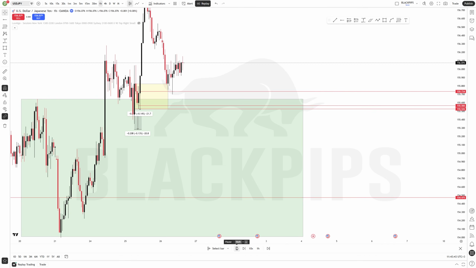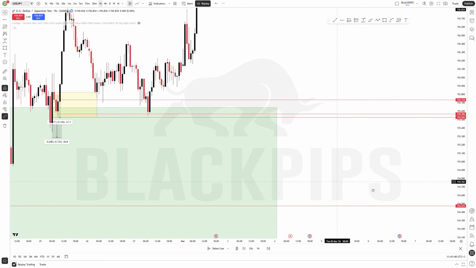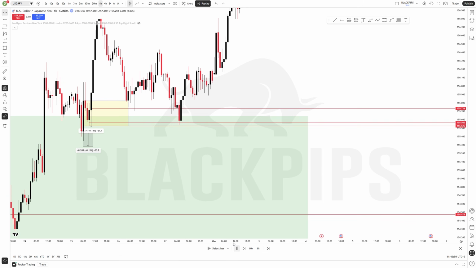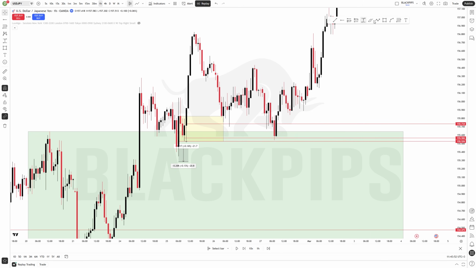The price just came, took the entry. So you see the price for the first time came and took this structure, which was on the 30 seconds entry, took that and then went above like 70 pips, and after 70 pips the price came back again.